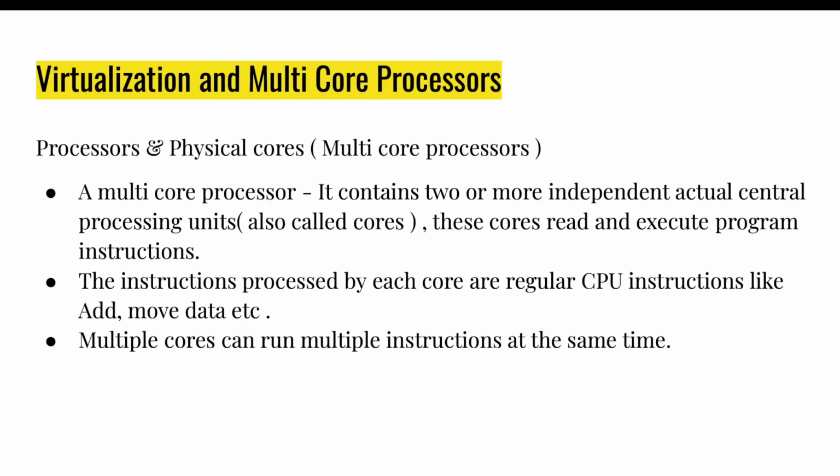Now let me explain the role of the processor in virtualization and why it is important to have a multi-core processor, especially if you are using virtualization. Virtualization has multiple operating systems, and each operating system is running different processes on the software side.